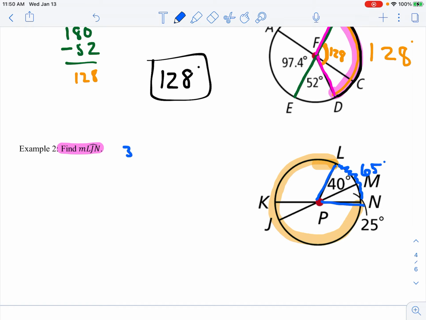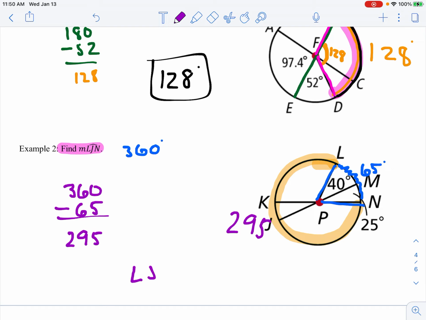Well, remember, we know the whole circle has to add up to 360. So if the whole thing is 360 and we subtract the part that we know, which was 65, it's going to tell us what's left, which would be 295. So our orange highlighted part, LJN, should be a total of 295.